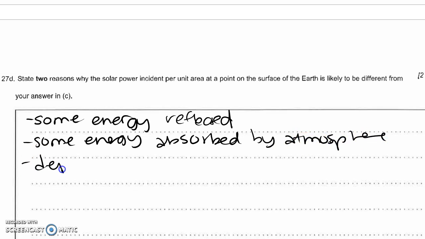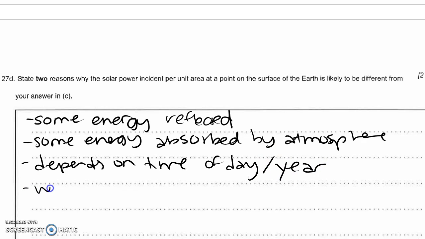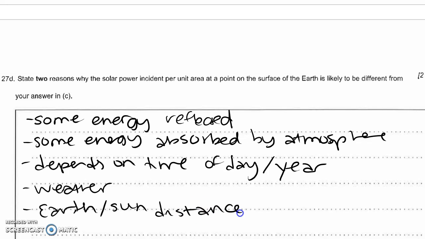It depends on time of day and year. Weather plays a role, and the Earth/Sun distance also varies.